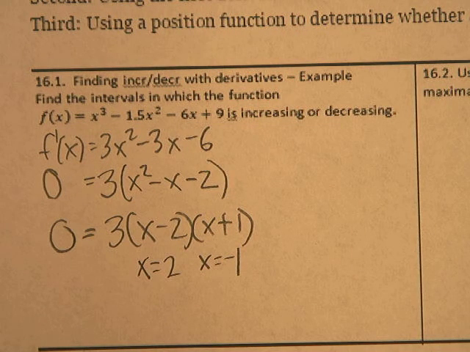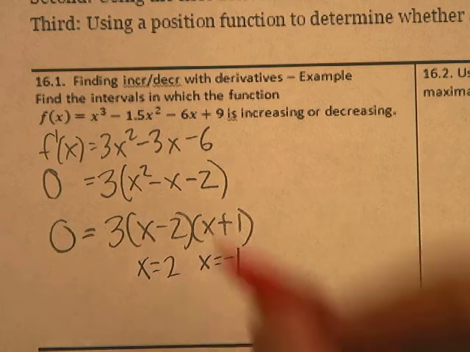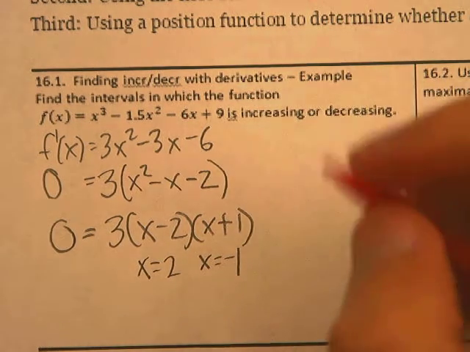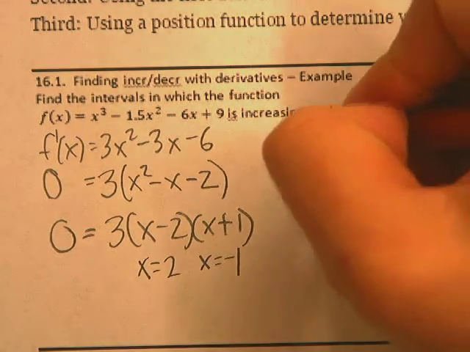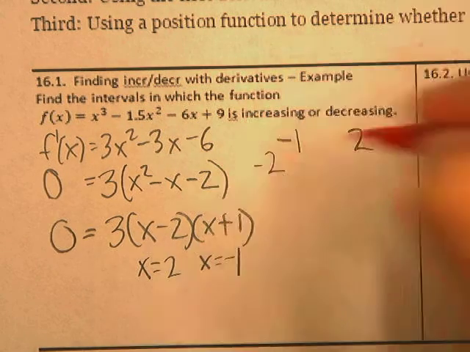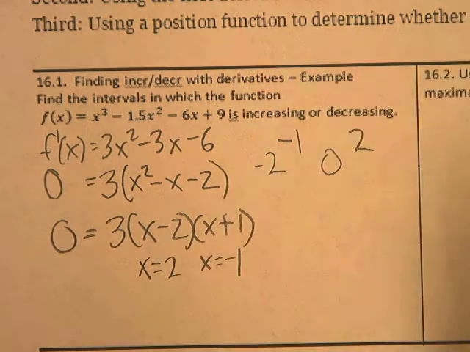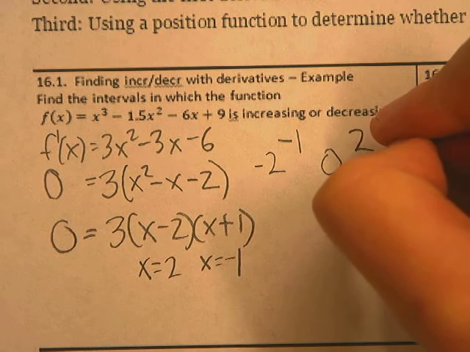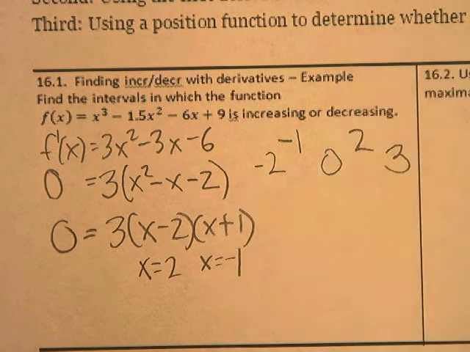Now I have to do a test to figure out where this thing's increasing or decreasing. I know it's 0 at these points, so I've got to test values on either side. So I'm going to put negative 1 up here and 2 here, and I'm going to test negative 2. I'm going to test 0, and I'm going to test 3.